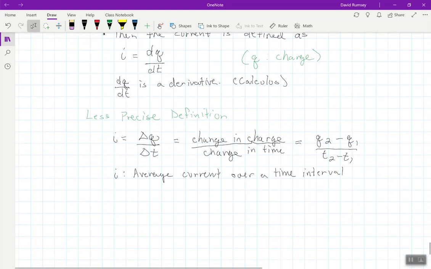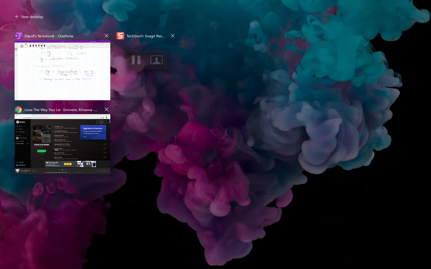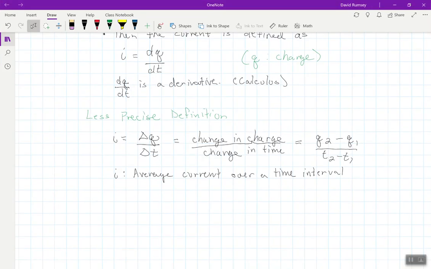Now, there is a way, and I'll just mention it here, to get charge using current.